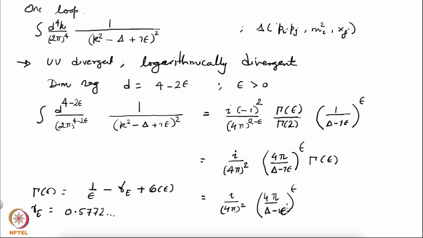Maybe I should use this epsilon, which is coming from the Feynman prescription, I will write as this one, and this dimensional regulator as epsilon, gamma. So what is gamma of epsilon? It's 1 over epsilon minus Euler gamma plus order epsilon.